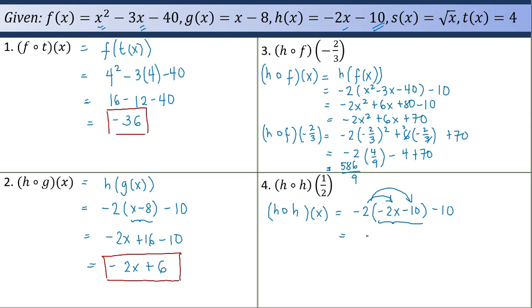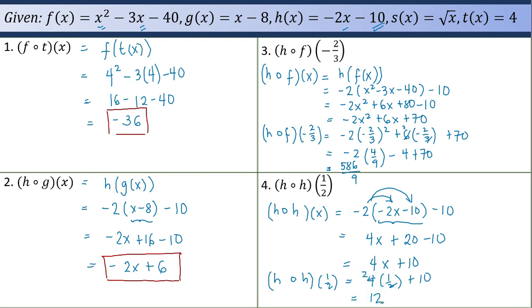So, we have positive 4x plus 20 minus 10. So, we have 4x plus 10. Okay? Now, we are ready to get h circle h of 1/2. So, just substitute 1/2 to x. So 4 times 1/2 is 2.